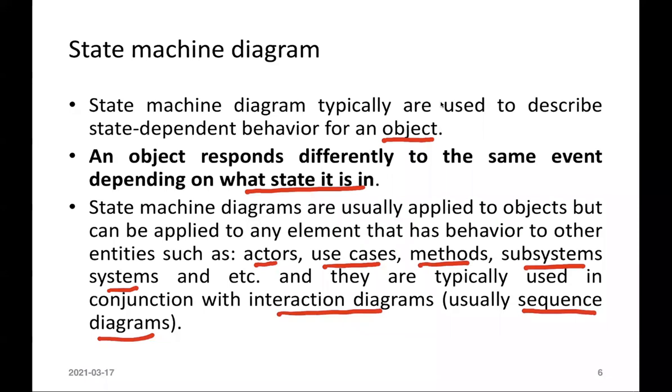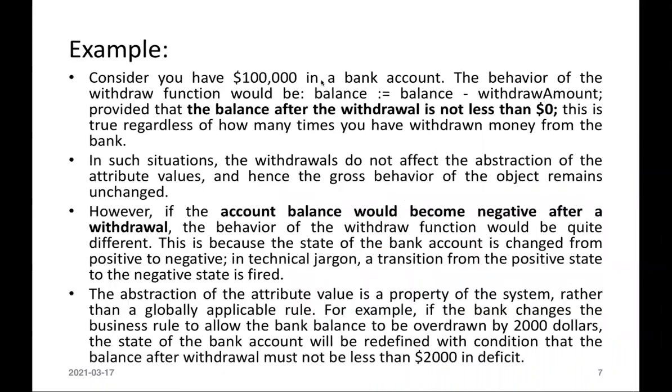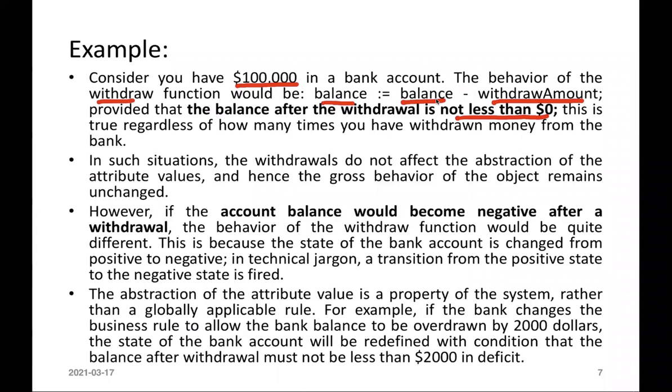This is true regardless of how many times you have withdrawn money from the bank. In such situations, the withdrawals don't affect the abstraction of the attribute value, and, of course, the gross behavior of the object would remain unchanged.